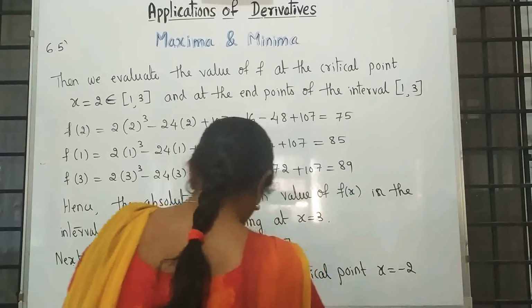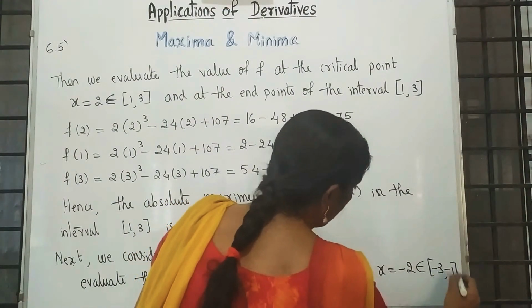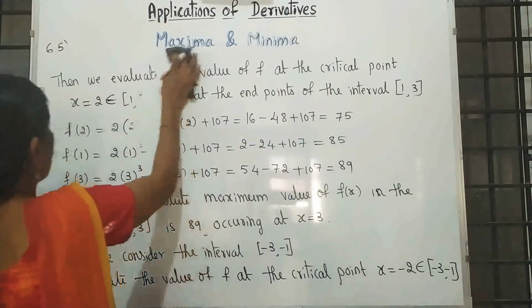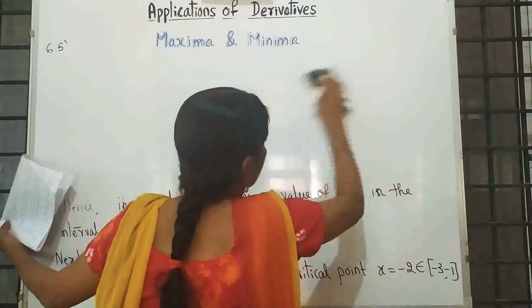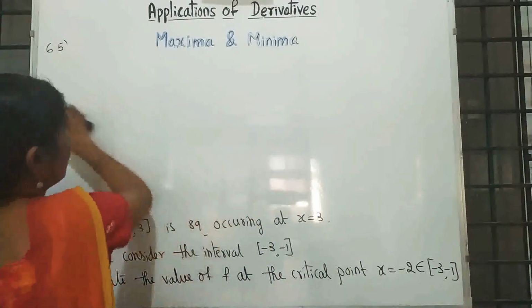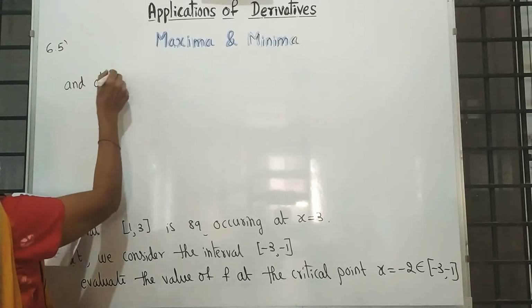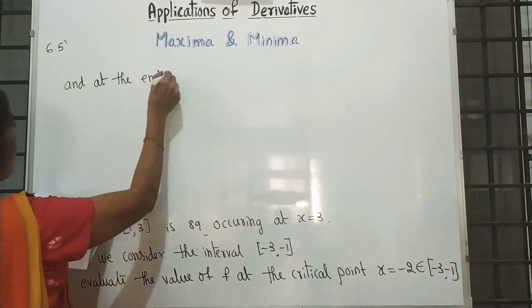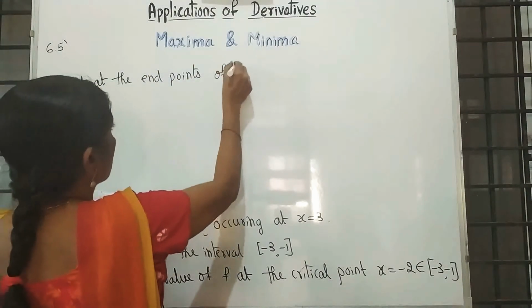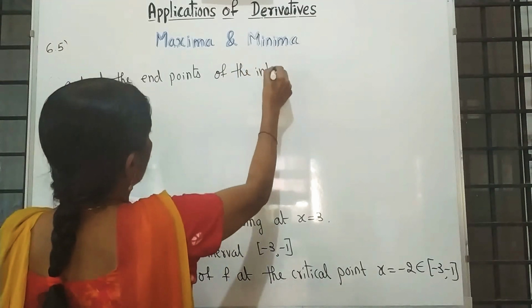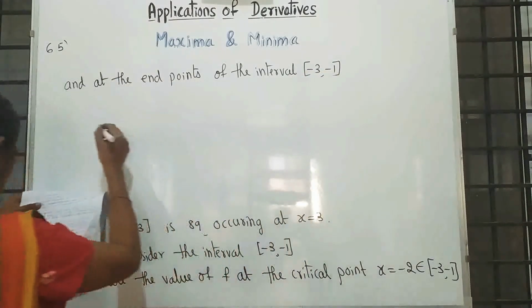X is equal to -2, it belongs to -3, -1, and at the end points of the interval -3, -1.